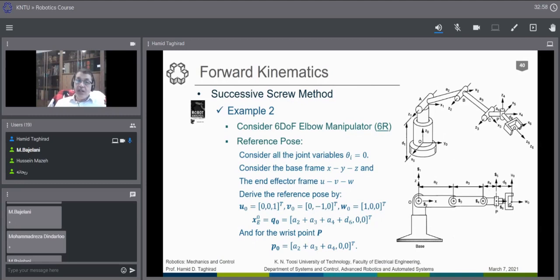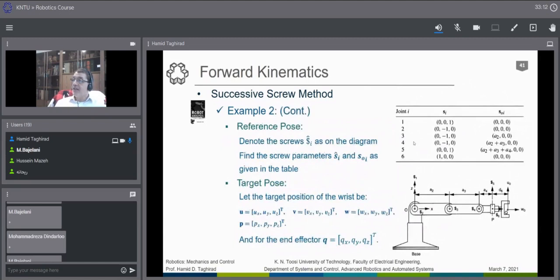And you can see here, by this means, when we have these parameters, now we should write the table of the screws. The screws can be seen quite easily, as you see here. The first screw is along Z. All the other screws are along minus Y. Then we have, again, S5 along Z and S6 along X. As simple as that.